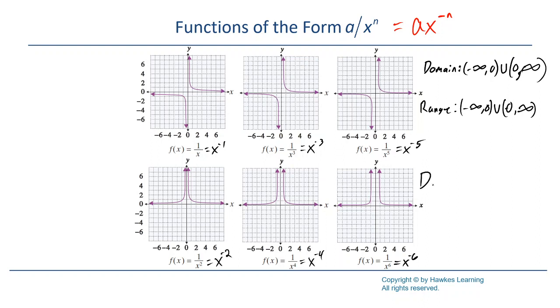But with these, if we take a look at the domain, pretty much like before, I can plug in any x value except for 0, because I don't want to have 1 over 0. So this one has a domain of negative infinity to 0, union 0 to infinity once again.